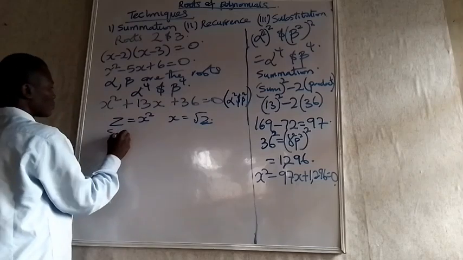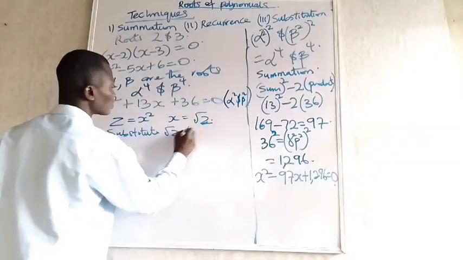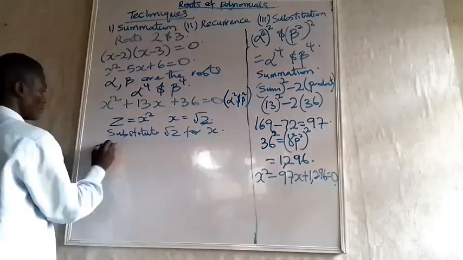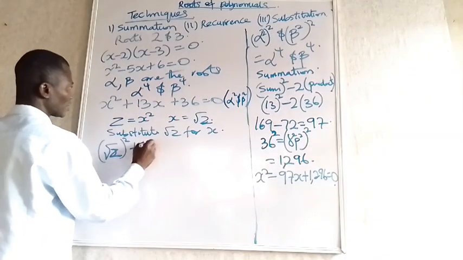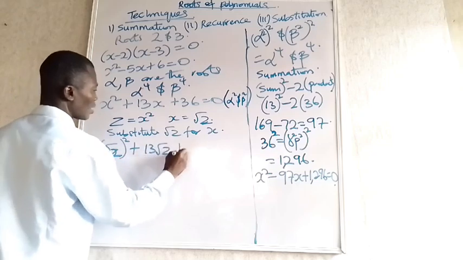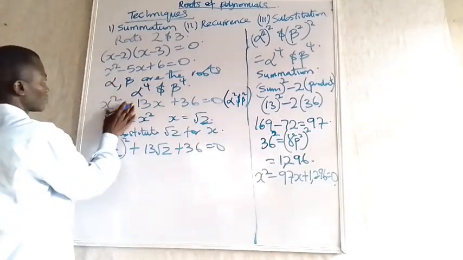So we are going to have root of z all squared minus 13 root of z plus 36 equals 0. I think this should be minus.